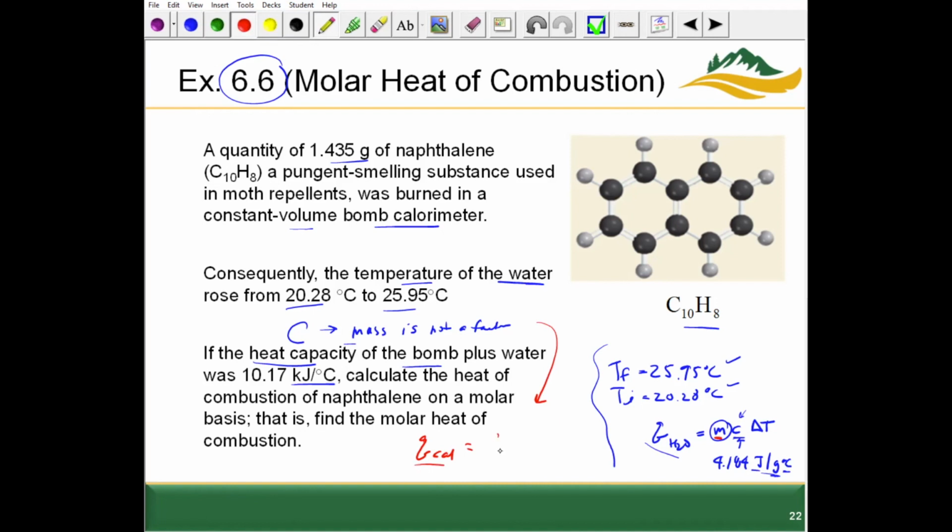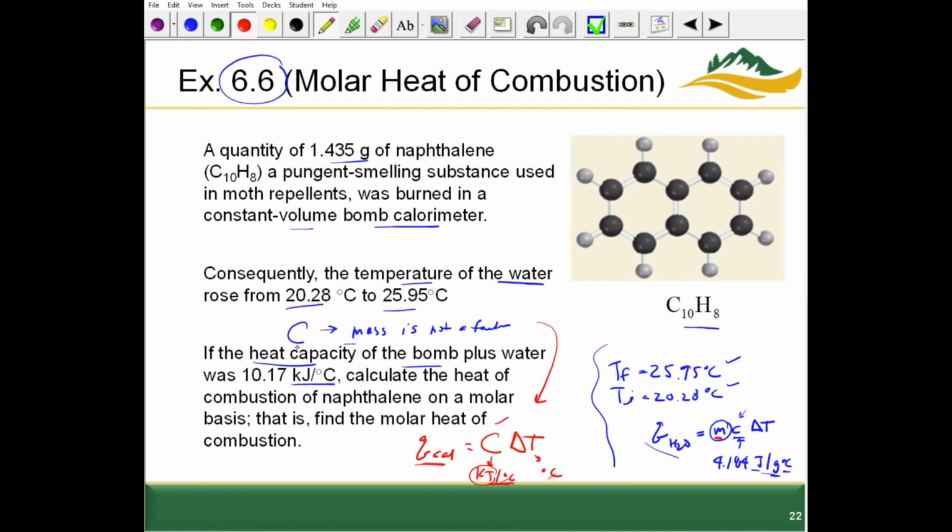Instead, all we need for the calorimeter is C delta T. So the heat capacity is in kilojoules per degree C. Change in temperature is going to be in units of degrees C or Kelvin, to where degrees C would cancel out and Kelvin would also cancel out depending on what unit we're given the heat capacity in. That leaves heat in the correct unit of just kilojoules.